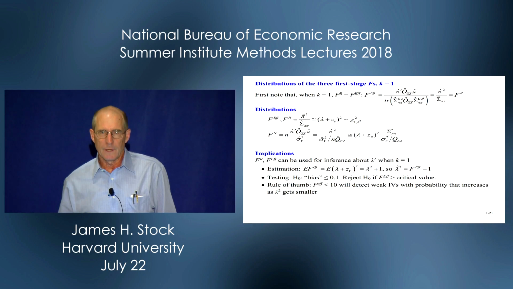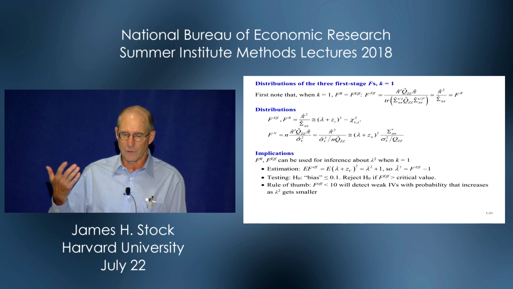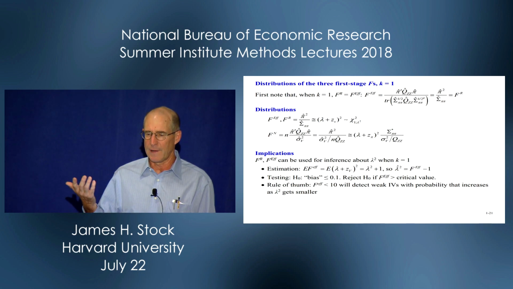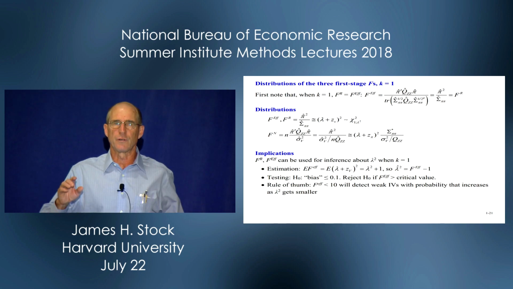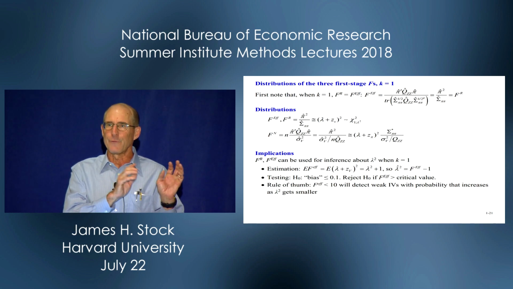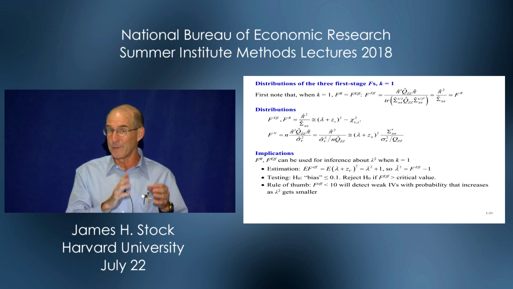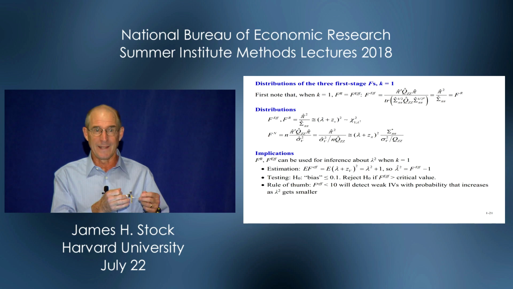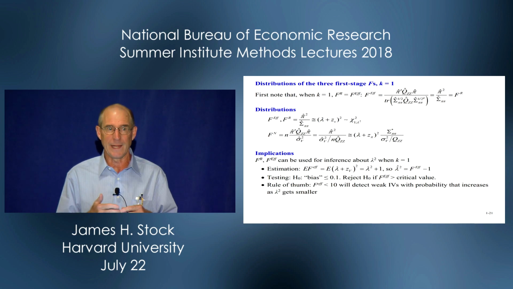So now if we've done that, we can go back and look at what the robust F and the non-robust F are, and how they play out in this case. It's just a little bit of algebra. The thing about traces of matrices is that when the matrices are actually scalars, the traces are just the scalars, and the numerator and the denominator cancel, and that's what happens when k equals 1.